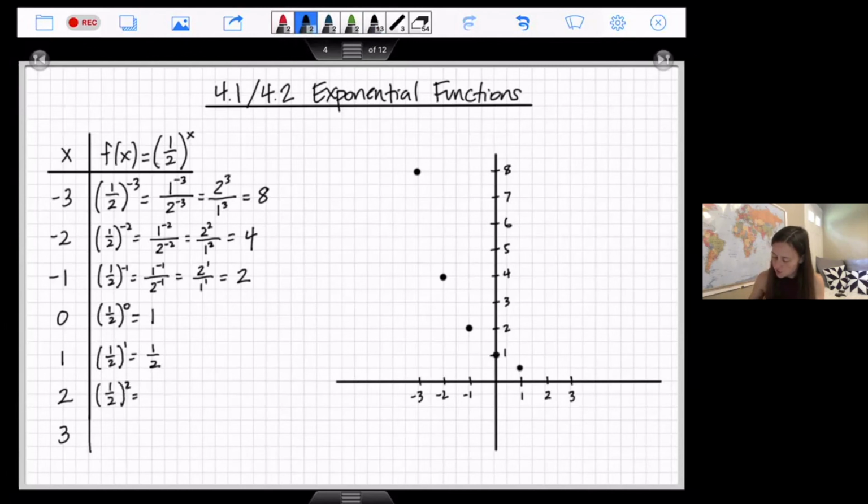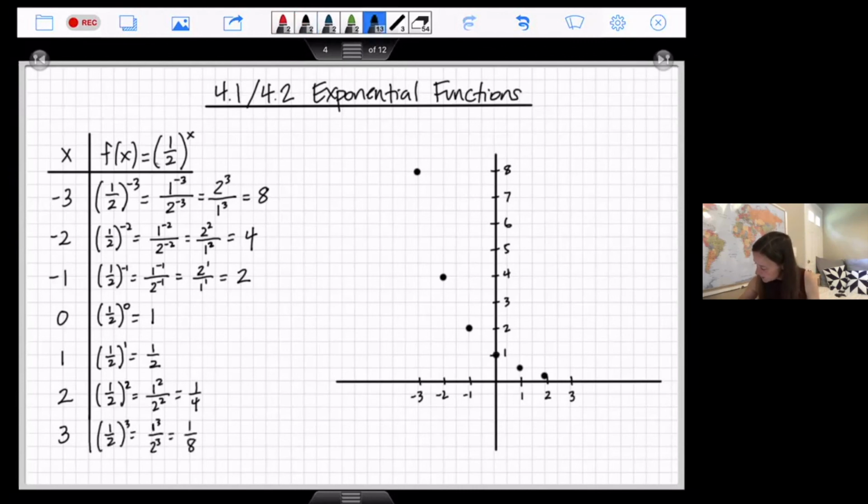Again, we're going to distribute exponents. So I've got 1 squared over 2 squared, so that's 1 over 4. These numbers are looking really familiar. And then I've got 1/2 cubed, which is 1 cubed over 2 cubed, or 1 over 8.